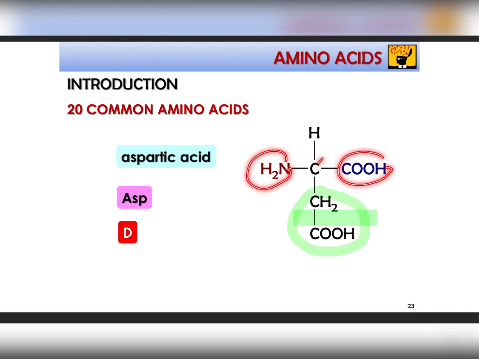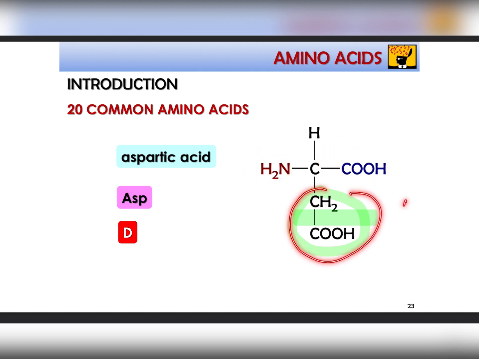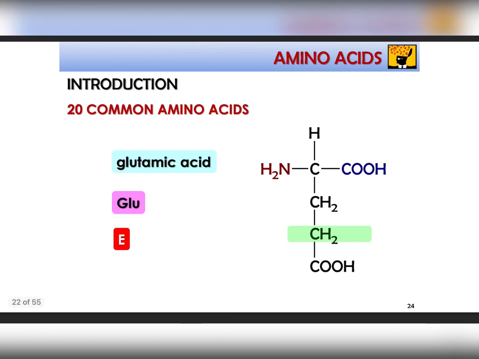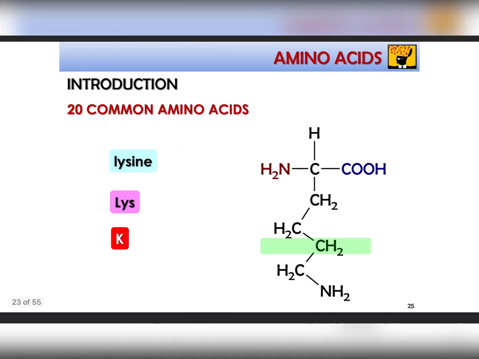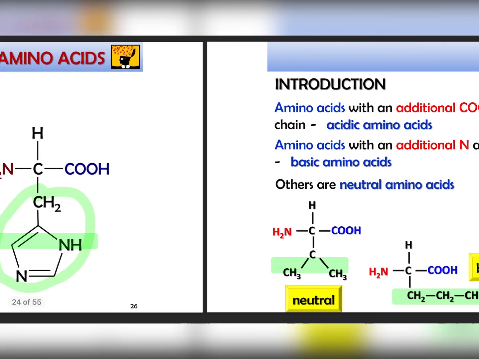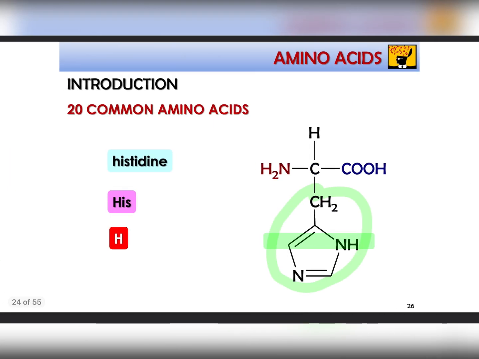Okay, so this is the alpha carbon. So inilah kamu punya R, which is the side chain. And then this is glutamic acid and lysine. You have histidine here. So that's all untuk 20 common amino acid.